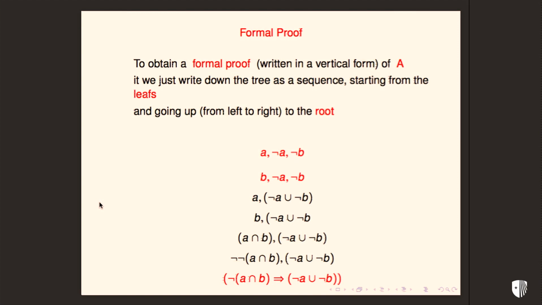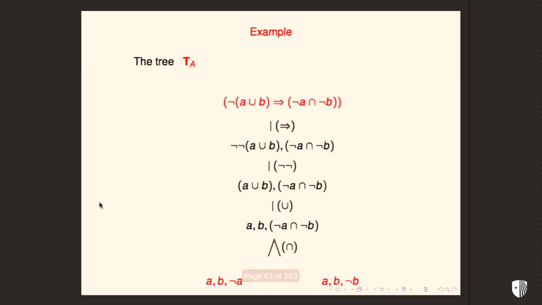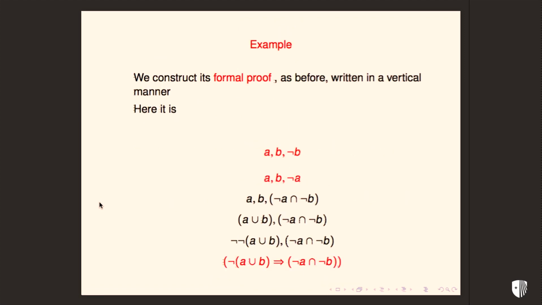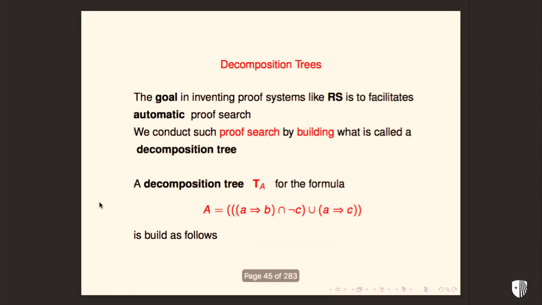So that's why we are talking about tree proofs, because you have this beautiful easiness of information in the way you carry the proof. And search of the proofs, I give you more examples. And here is the search of the proof. You have a nice tree, and now those search proof trees are called decomposition trees.